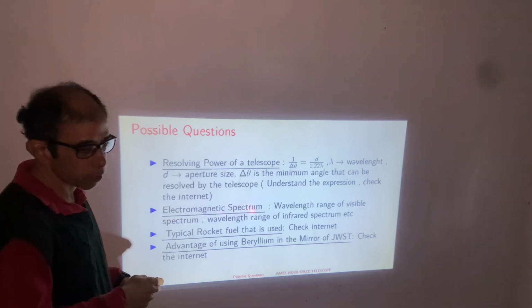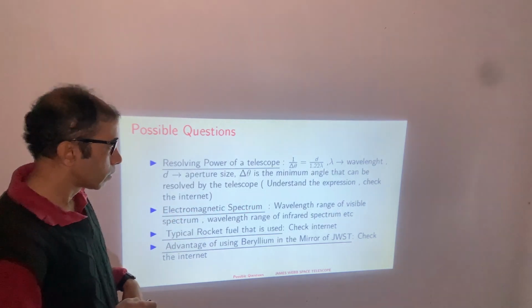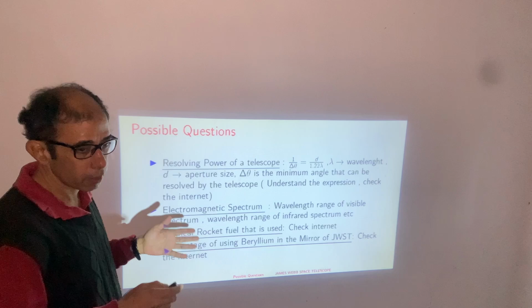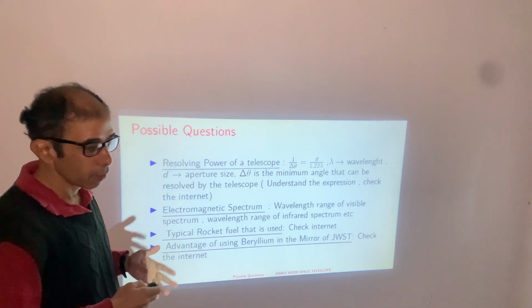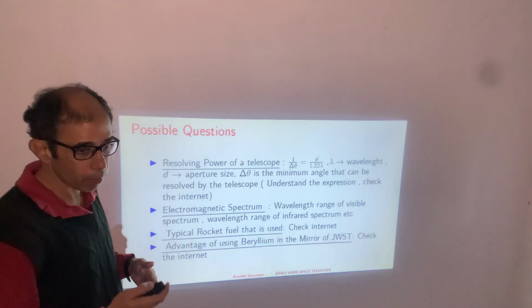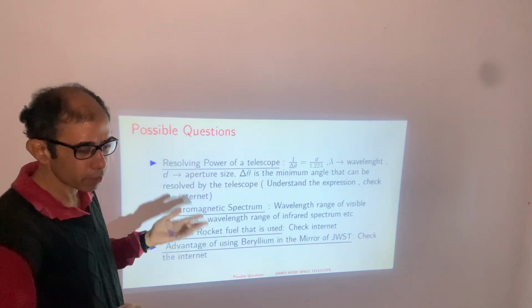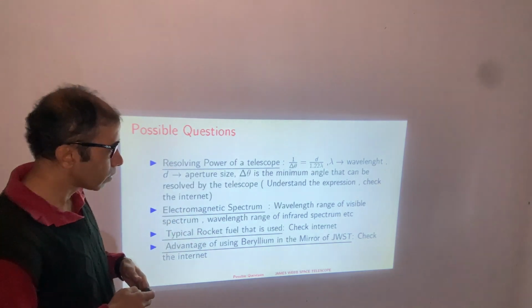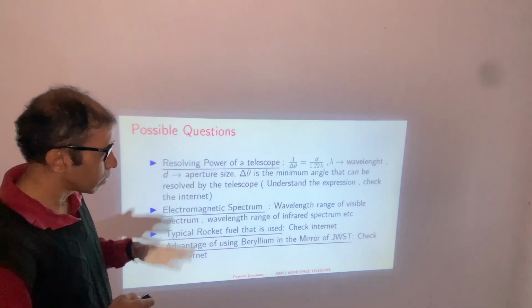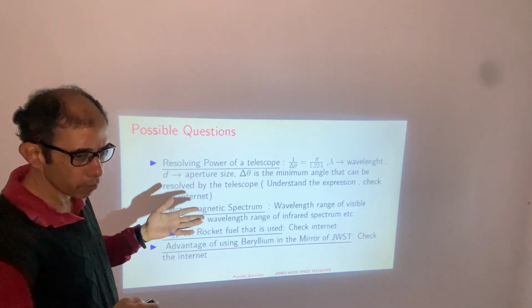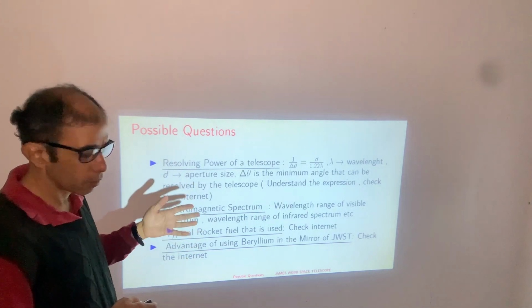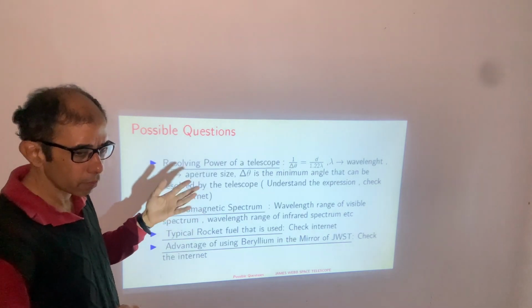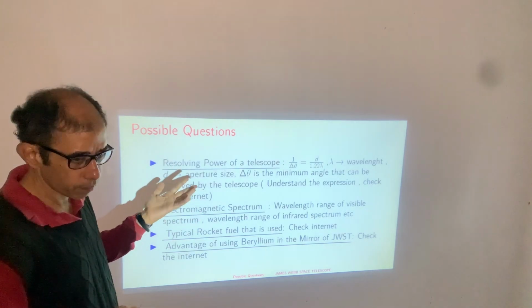Then there is the electromagnetic spectrum. On the high energy side we have gamma rays, then X-rays, and so on and so forth. Then we have the visible region, we have infrared, and then we have the larger wavelengths.